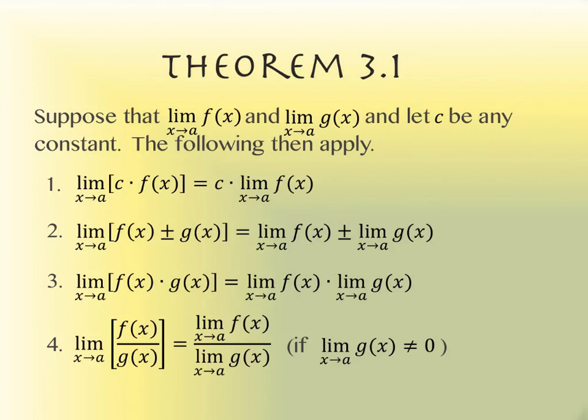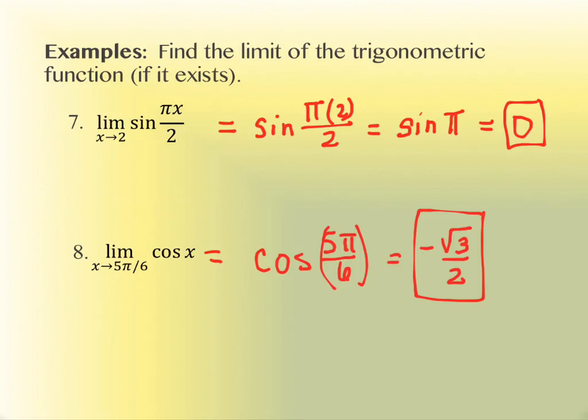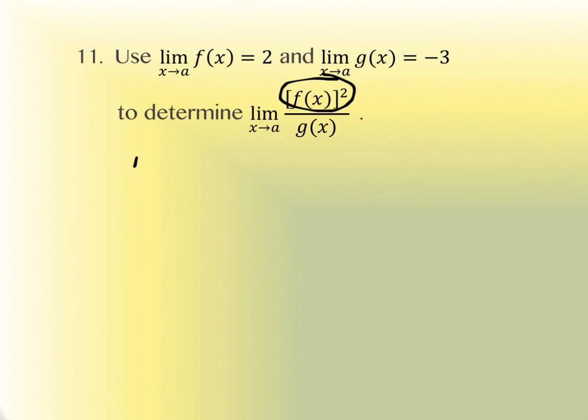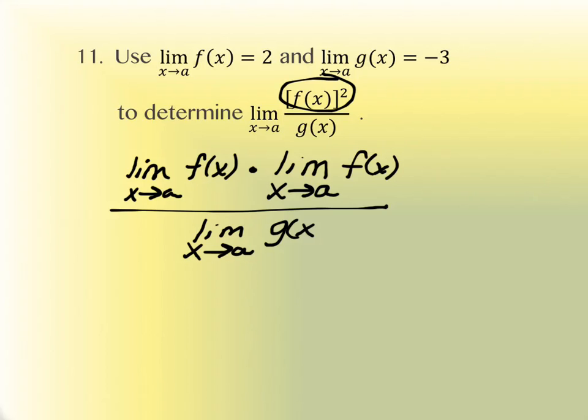The third one and the fourth one say that if you have a limit of two functions multiplied, you can separate them into a product of limits, and that if you have a limit of two functions divided, you can separate them into the individual limits divided. Which means that I can change this to say the limit as x approaches a of f of x times the limit as x approaches a of f of x, divided by the limit as x approaches a of g of x.